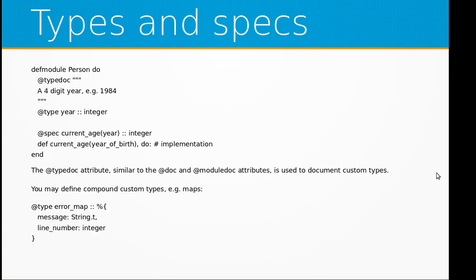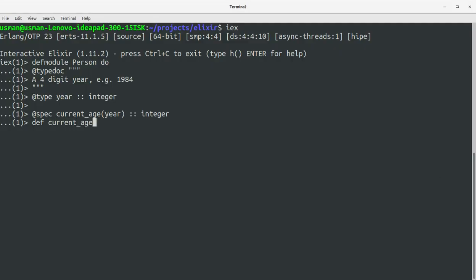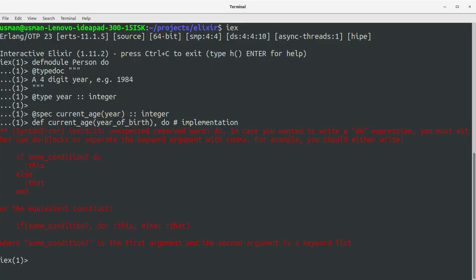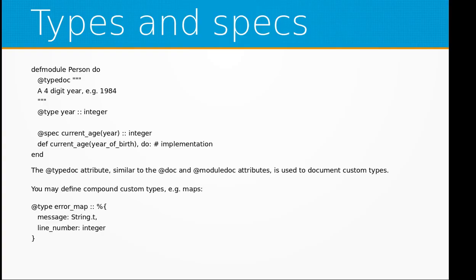Let's define a function current_age(year_of_birth), do, hash, implementation. We got an error. It says unexpected reserved word do, in case you wanted to write a do.